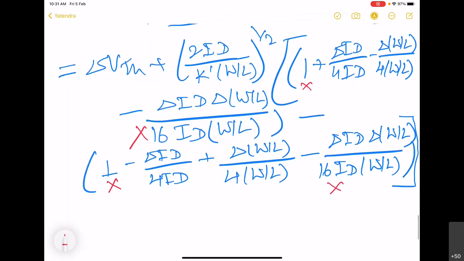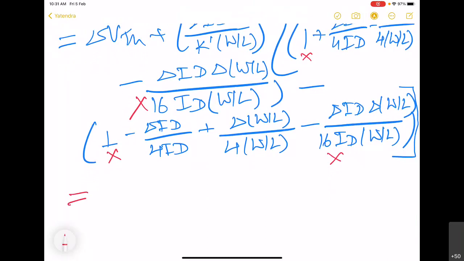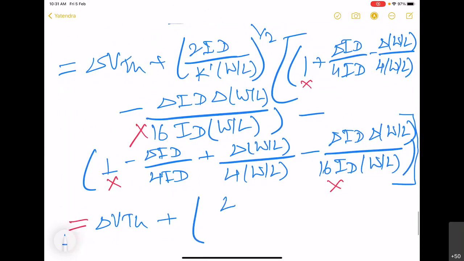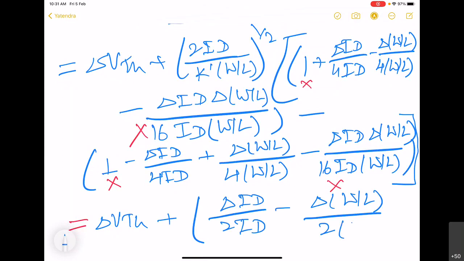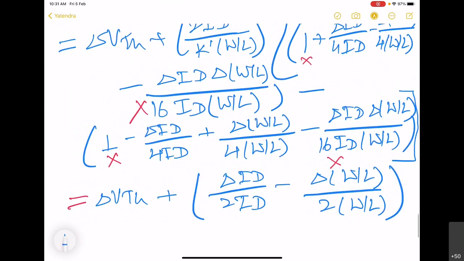So what will be left here is delta VTH plus delta ID by 2 ID minus delta W by L by 2 W by L. And of course, there will be this constant.